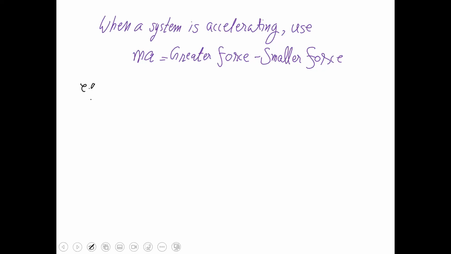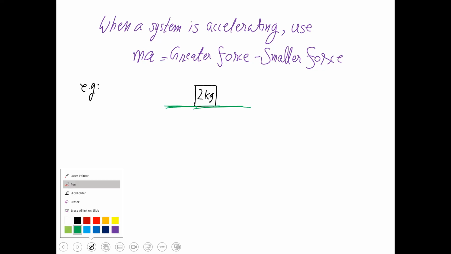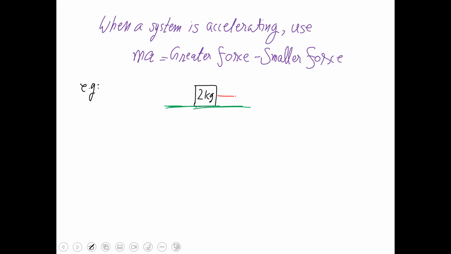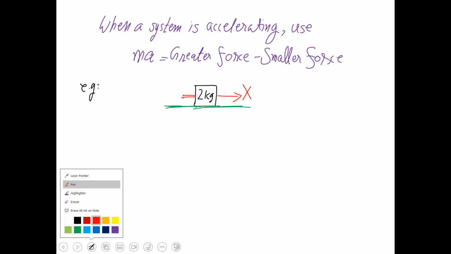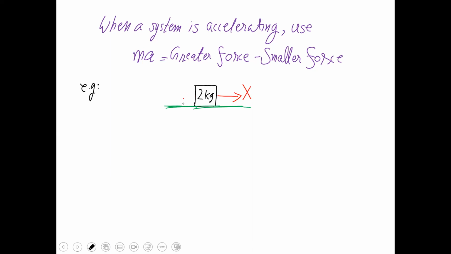And I'm giving you an example again that I have a block of, suppose, 2 kg. The block is resting on a surface like this. And I'm applying a force on the right hand side, and the force is X. The backward force, for example, is tension.